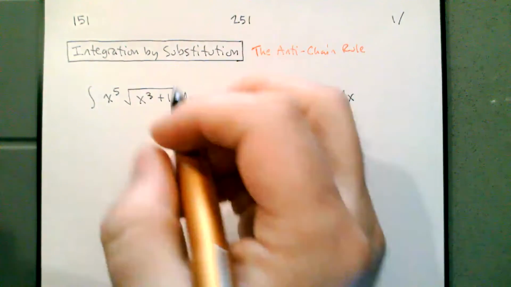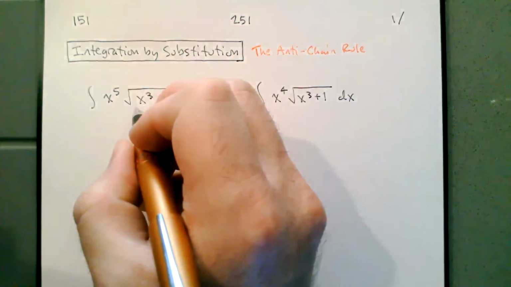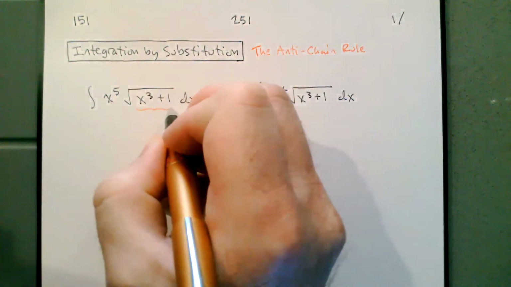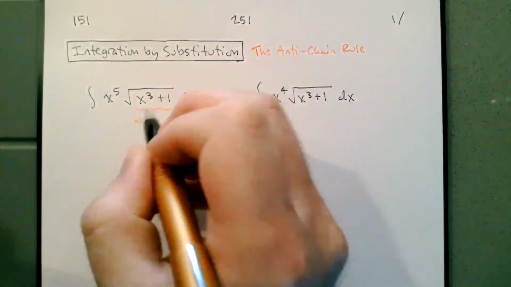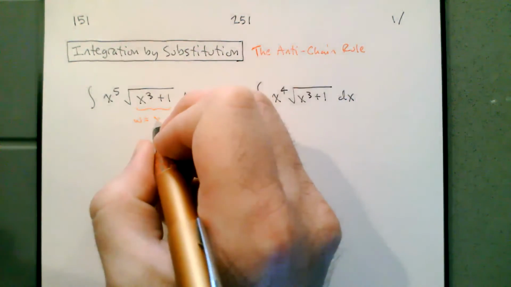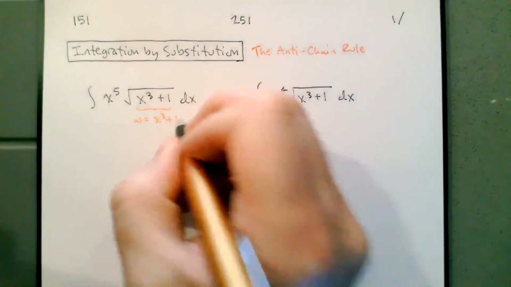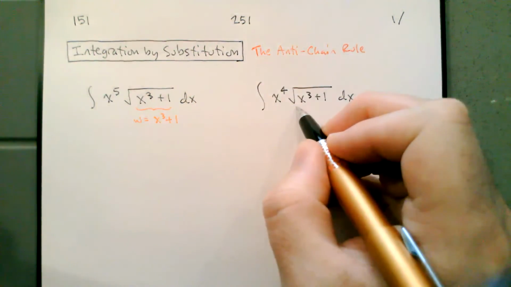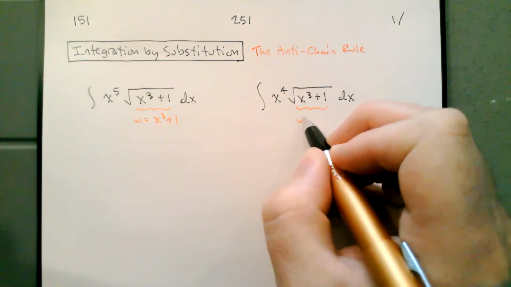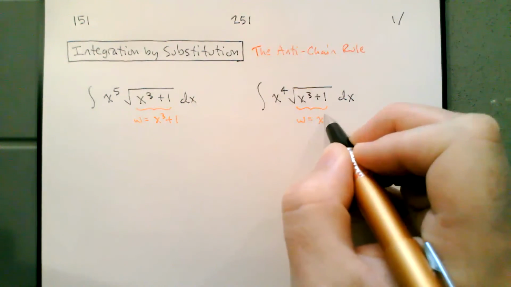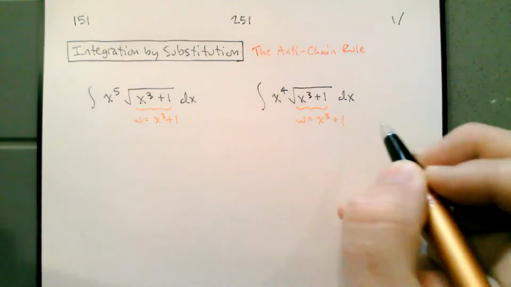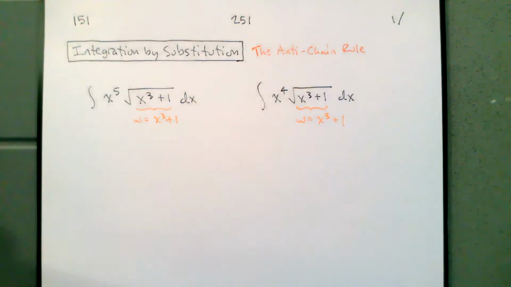So in both cases, we're going to say the inside, which we've been calling w, is x cubed plus 1. Note that in both of these integrals, our first thought for substitution should be the x cubed plus 1.